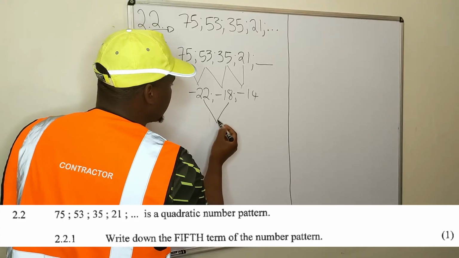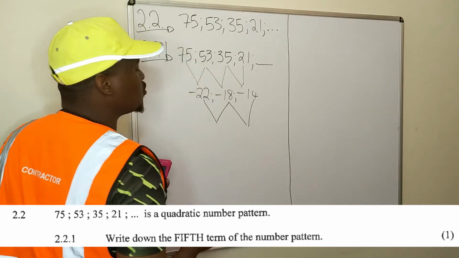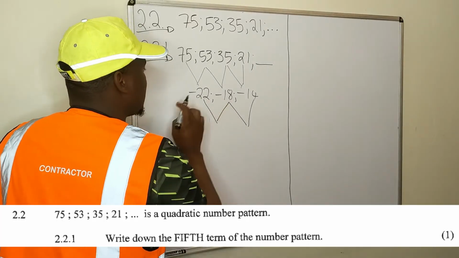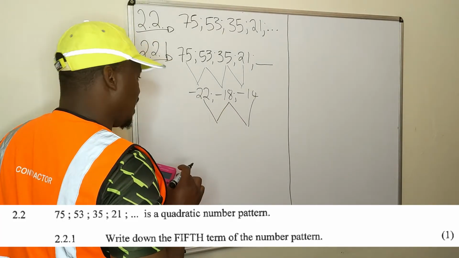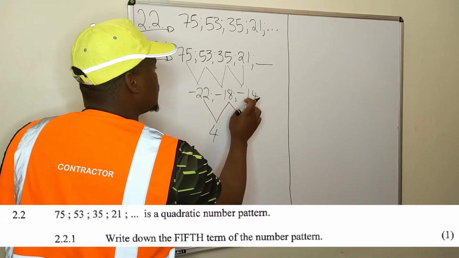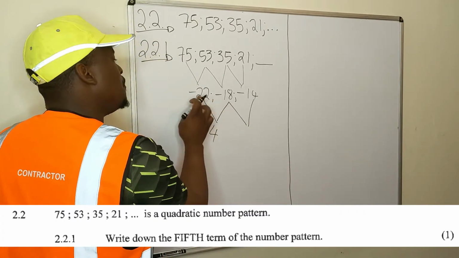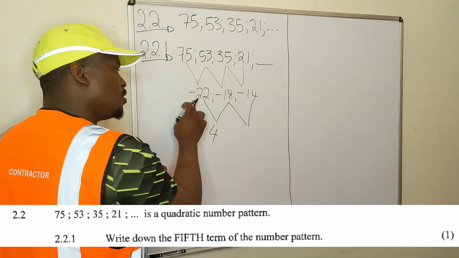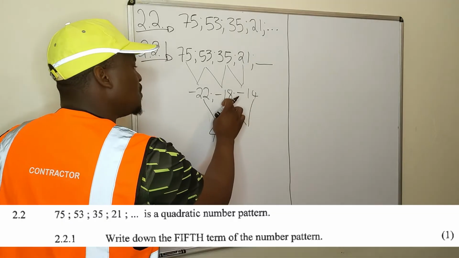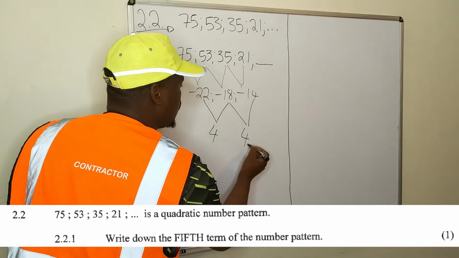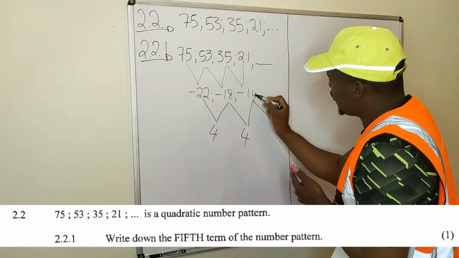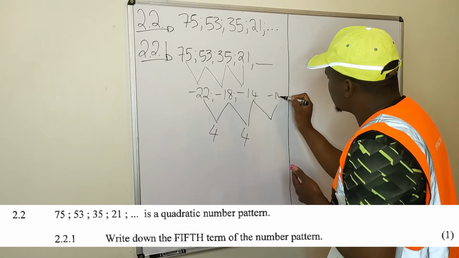Then you find the difference of your differences, the second difference, which is common. So you say minus 18 minus minus 22, which is 4. Then minus 14 minus minus 18 is 4. Right? So for the next term, we're going to add 4 to minus 14, and we get minus 10.